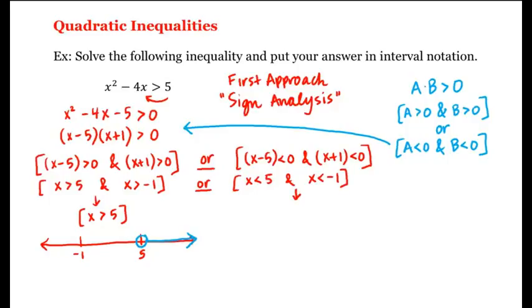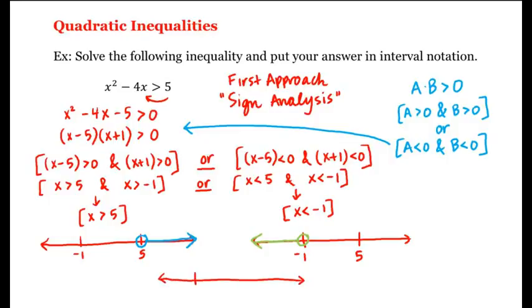And similarly, you can condense this to x is less than negative 1. Because if x is less than negative 1, certainly x is less than 5. So combining these on one number line, we get x is less than negative 1, or x is greater than 5.